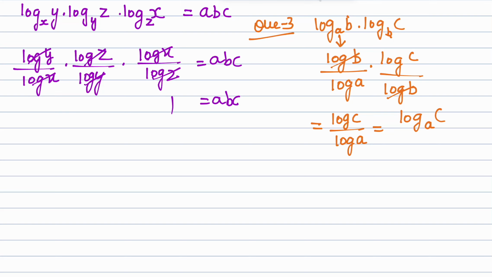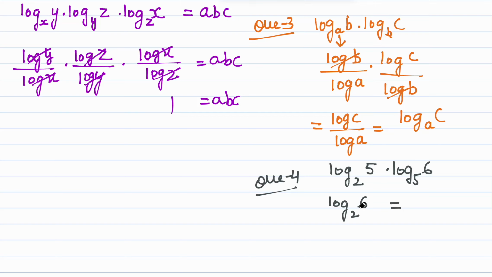But if I follow the pattern from here, let's say it's my question number 4, it's log of 5 to the base 2 times log of 6 to the base 5, right? So 5 is a value as well as a base. So how will that be written? Base will be base and number will be number: log of 6 to the base 2, right?